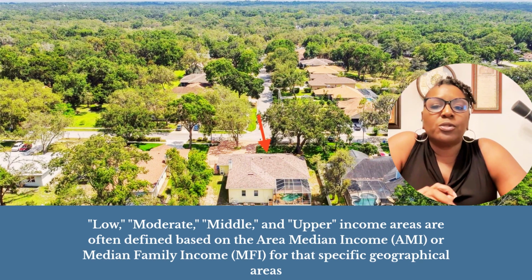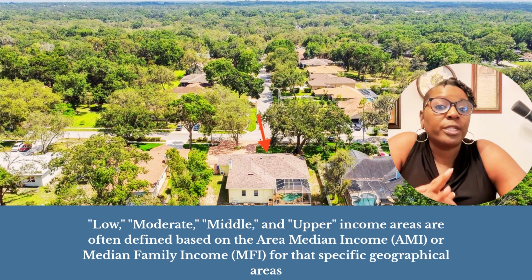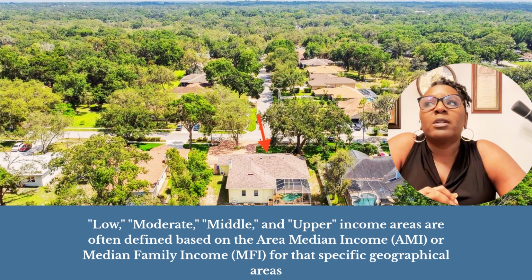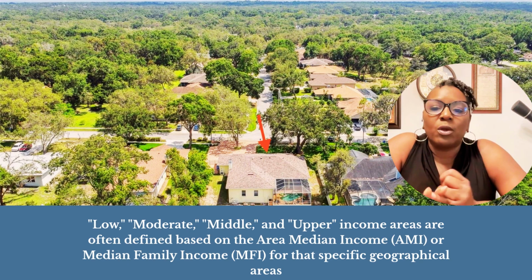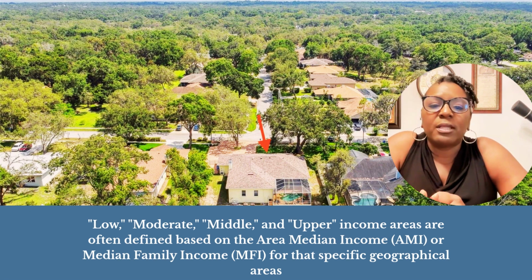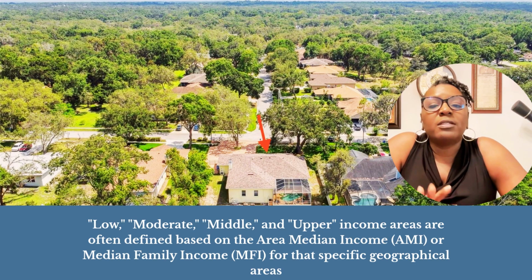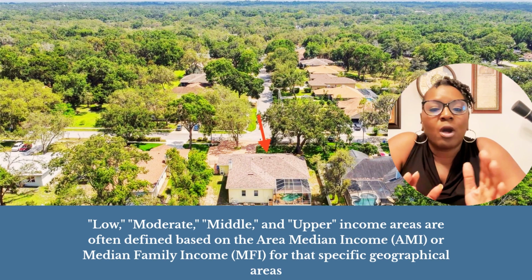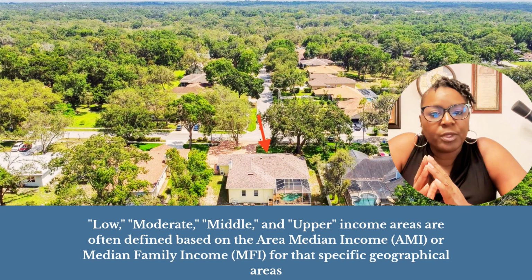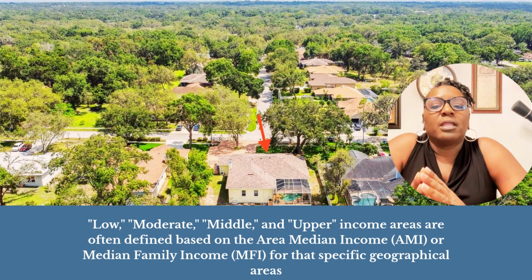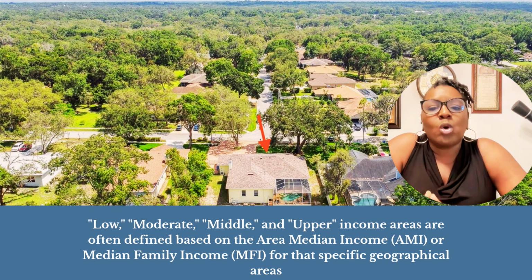When it comes to targeted areas, you will see these four terms when you are searching for properties: low, moderate, middle, and upper. What does that really mean, right? These income limits are actually based on the area median income.